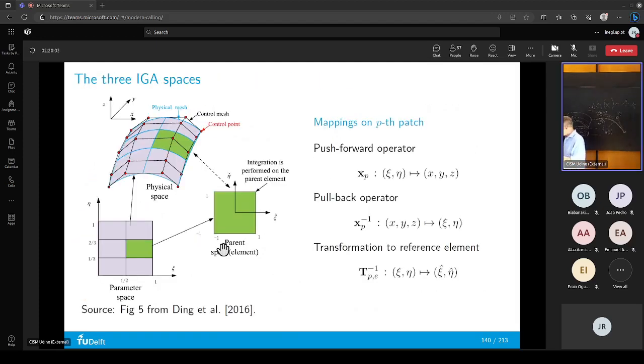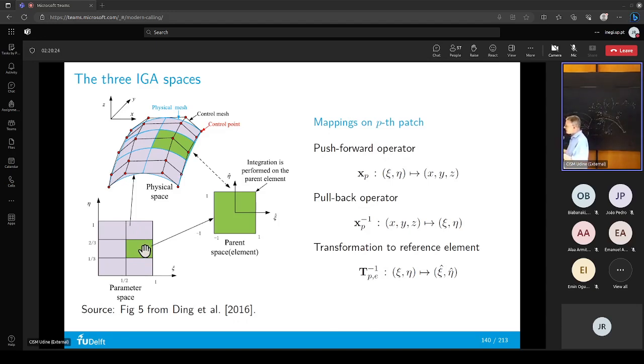Yeah, so that means if you would integrate over the entire patch, then maybe the basis function you're interested in is 0 mostly everywhere, only at a small part. Then you would calculate many times 0.